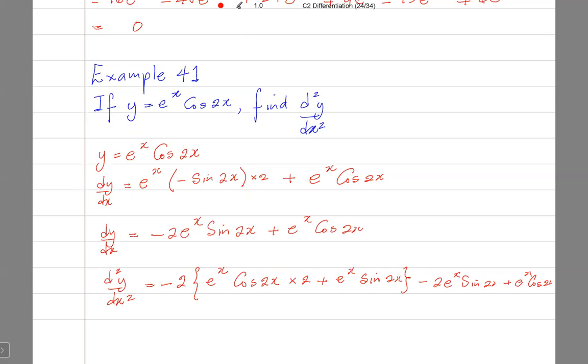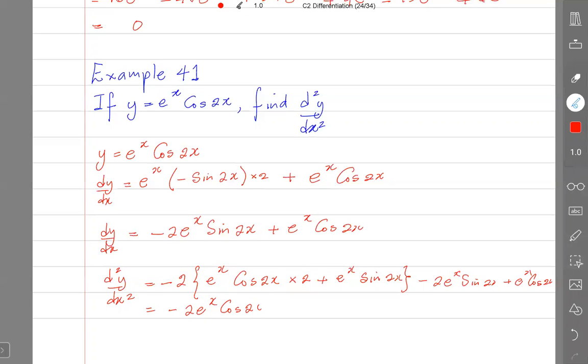All right, so let's simplify. This is minus 2 e to the x cos 2x. Sorry, not minus 2, this is 4, because there's a 4 here. So this is minus 4 e to the x cos 2x.